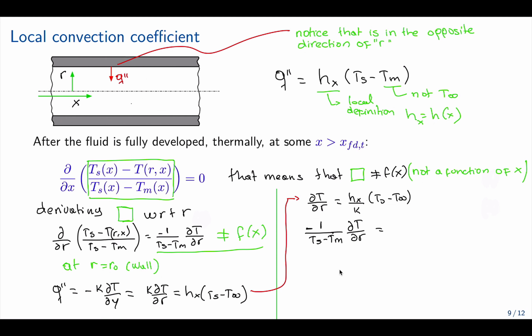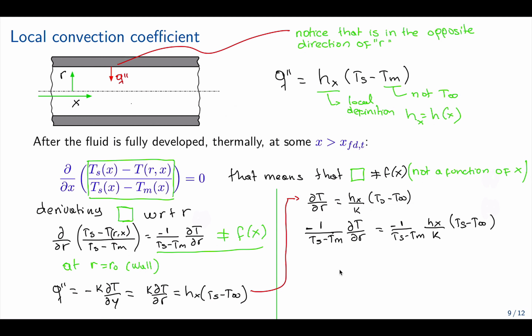So we have minus 1 over Ts minus Tm, and dT dr is h of x divided by k multiplied by Ts minus T infinity.